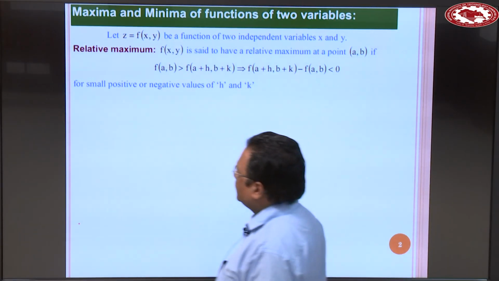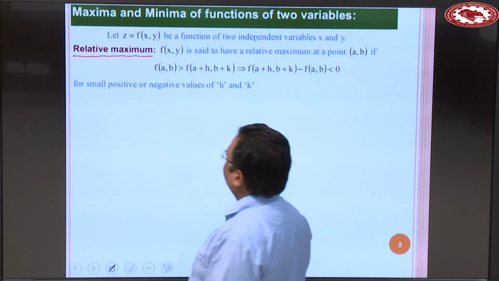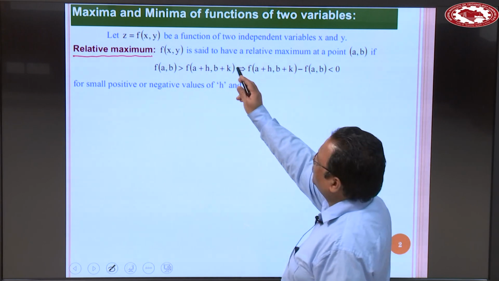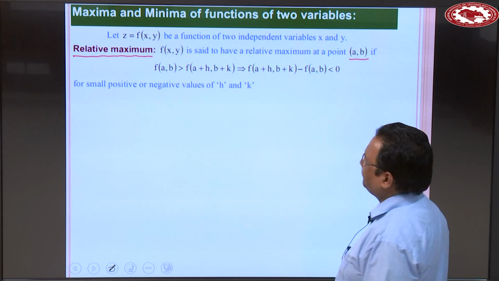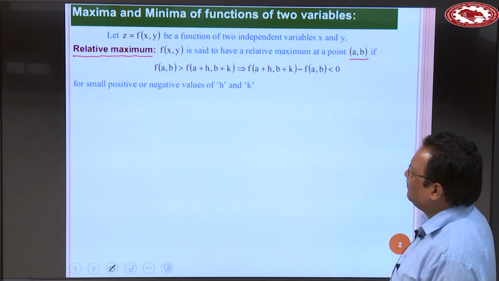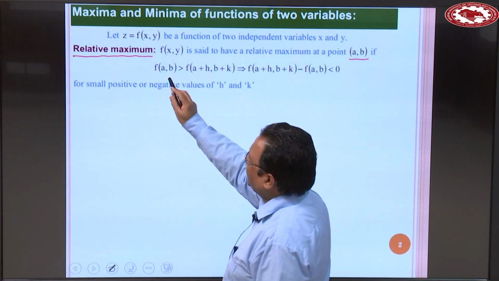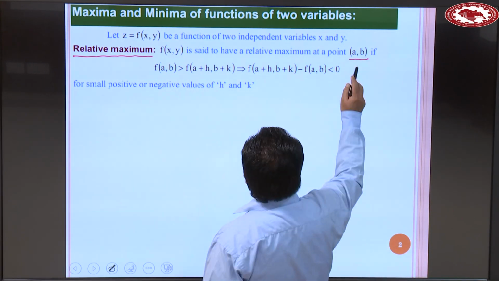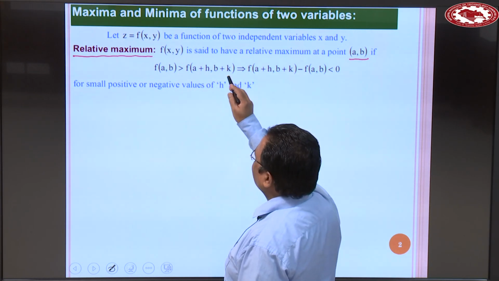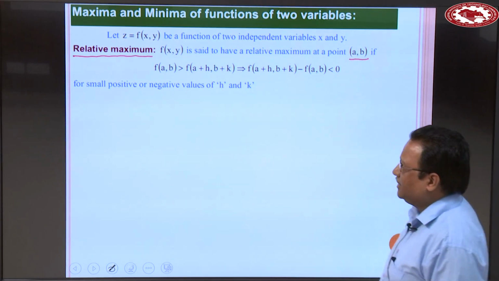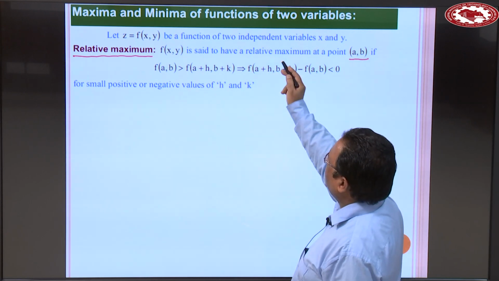First, let us define what is a relative maximum. f(x, y) is said to have a relative maximum at a point (a, b) if f(a, b), the value of the function at this point, is greater than f(a+h, b+k).